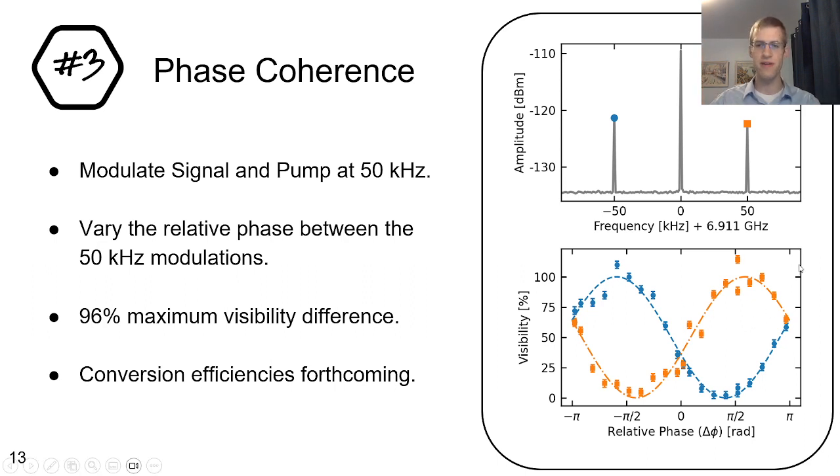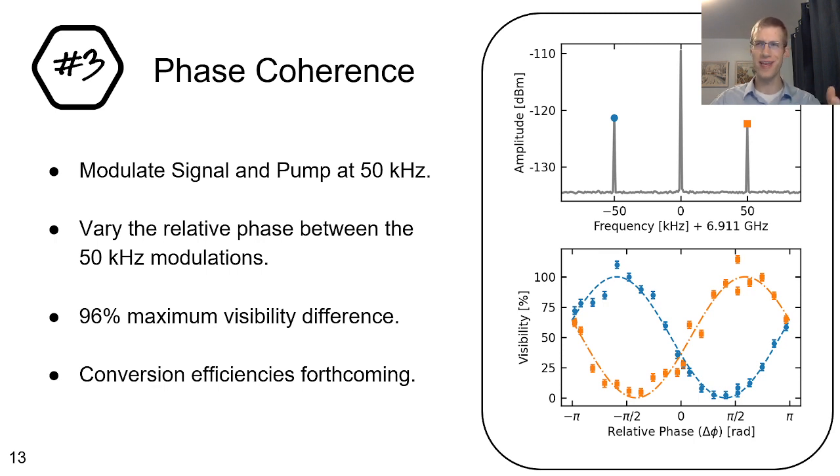And they're almost out of phase with each other. Overall, we have about a 96% maximum visibility difference. And what this does is it shows that our conversion process from our signal to idler is phase coherent, that we have faithfully transduced phase information over that process.